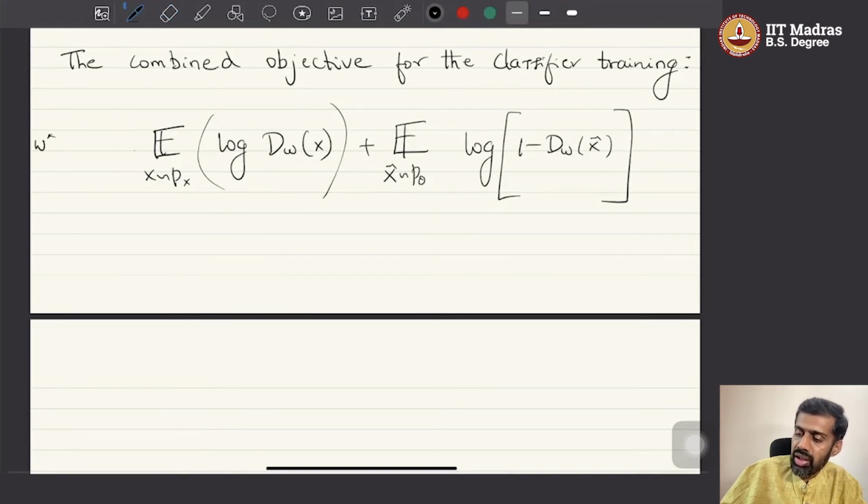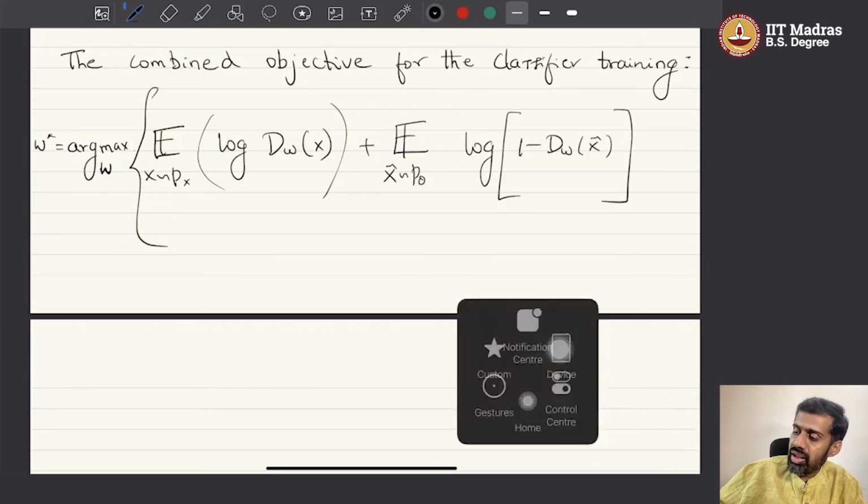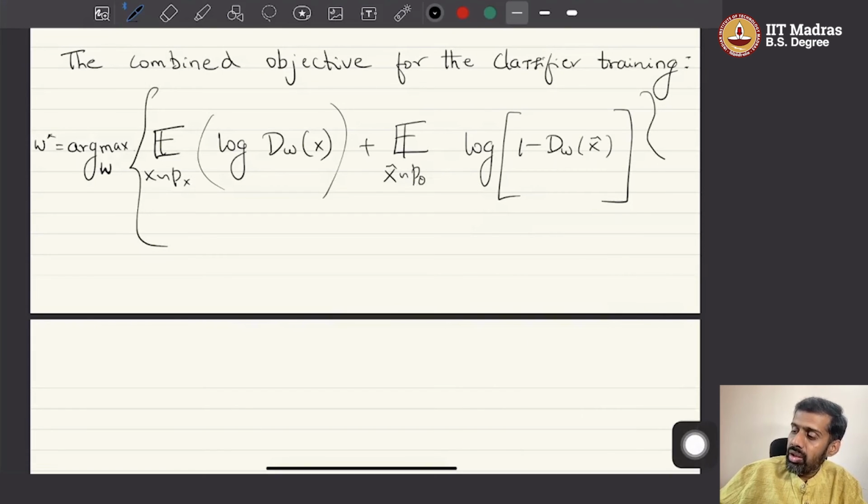W star has to be such that this objective is maximized with respect to w. One can very easily note that this is nothing but the lower bound that we constructed on the f divergence, right? So let us call this J of theta comma w.